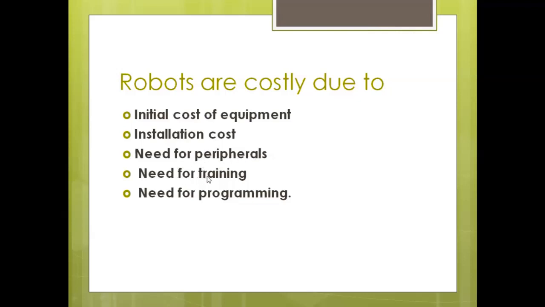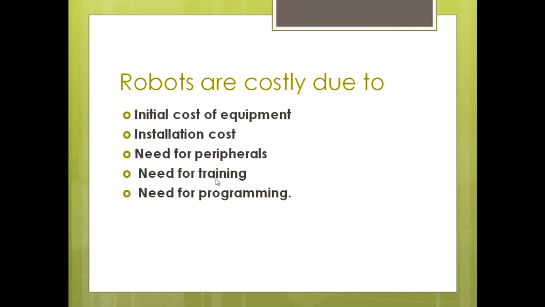Next is need for training. We should give training to the robot operator properly to avoid any misbehaviors. We should give the robot operators training properly before going to the actual operations, because a normal person can't handle the robot, because we should write the program.